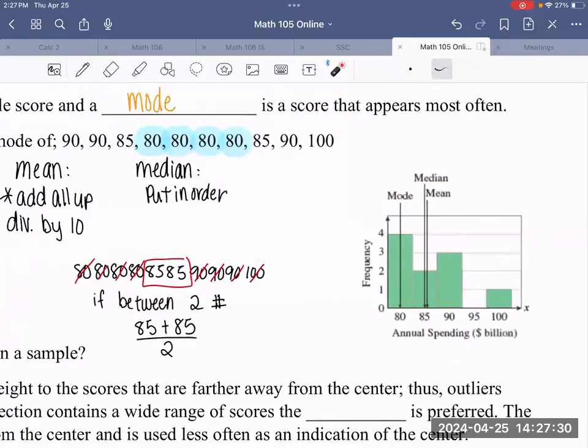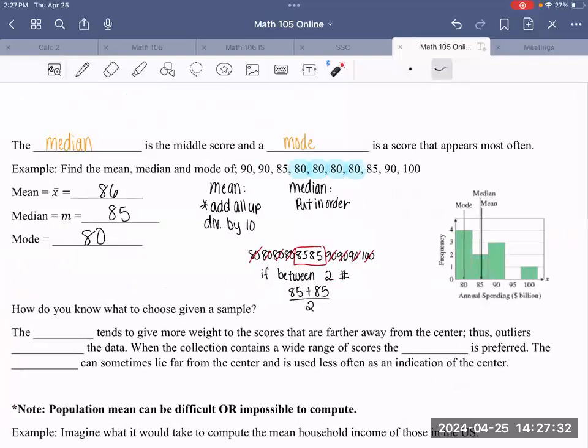Now, which one is the best one, right? Well, the mean tends to give more weight to the scores that are further away from the center. So sometimes if you have a big outlier, you're not going to want to choose the mean because it's so far out there, it's pulling either up or down your central value. So it skews your data.